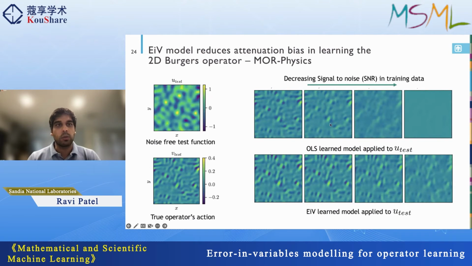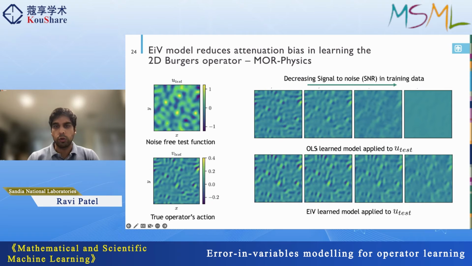Next, we try to recover the 2D Burgers operator as we did before. We have this noise-free test function, and we apply the learned operator to it and compare it to the action of the true operator at the bottom here, doing that for decreasing signal to noise ratios.